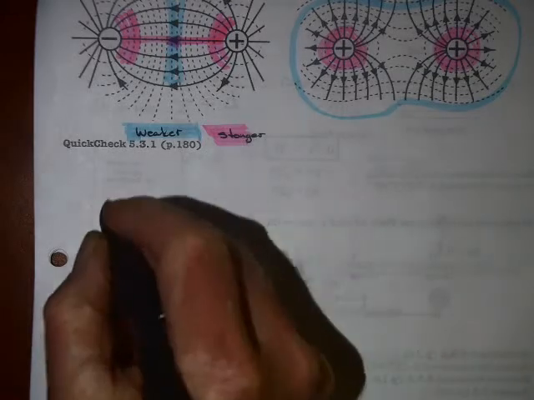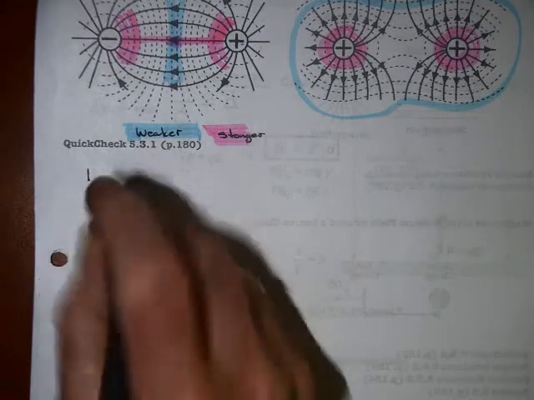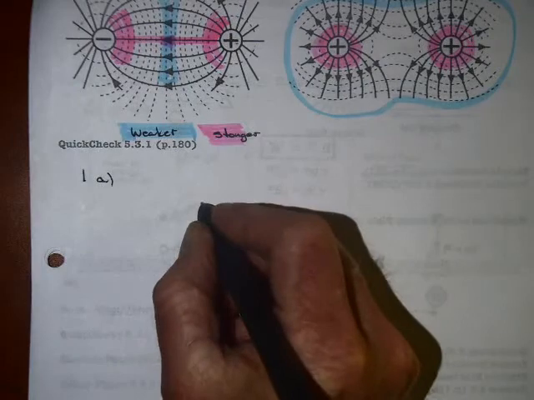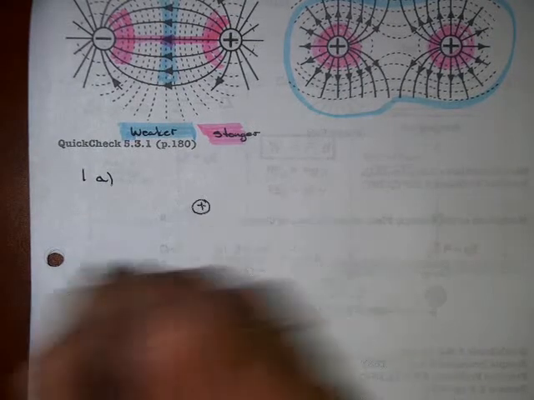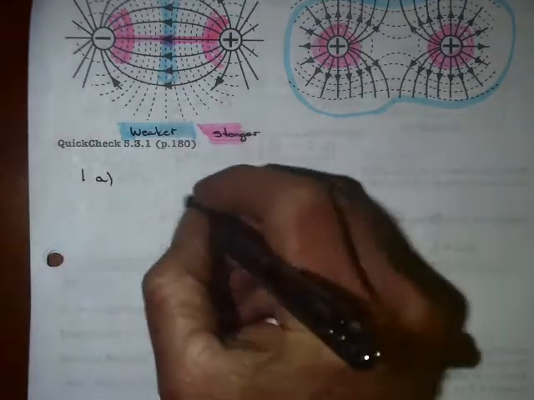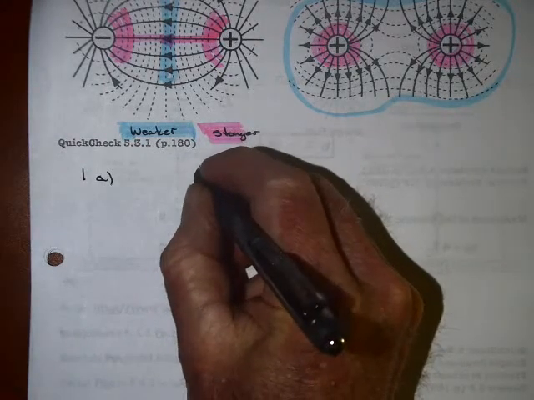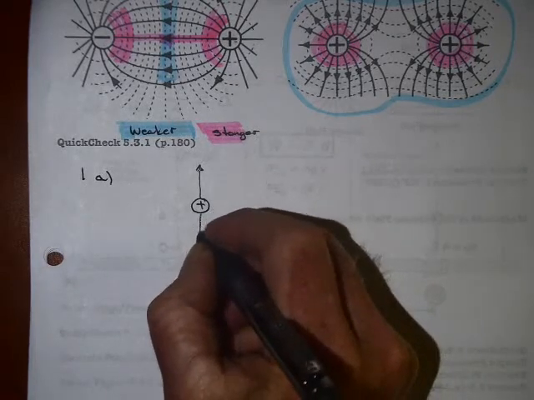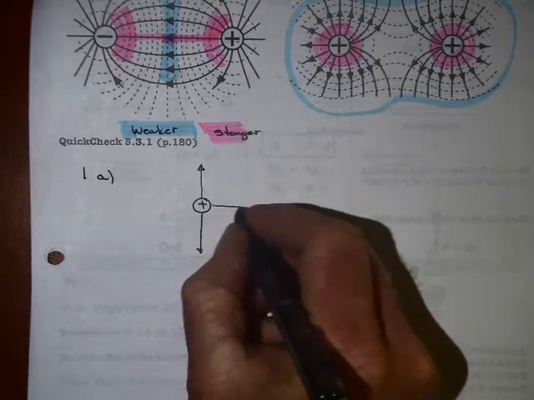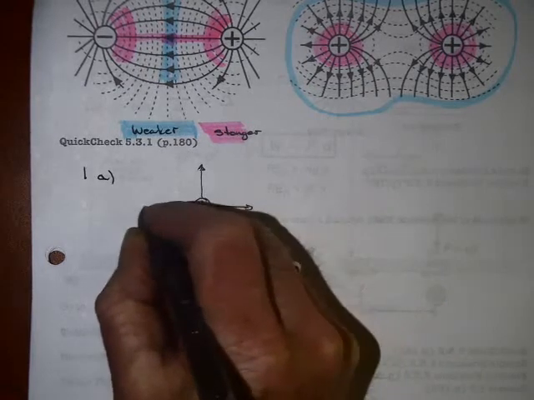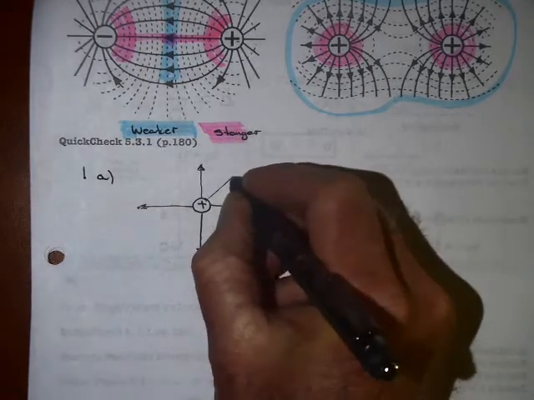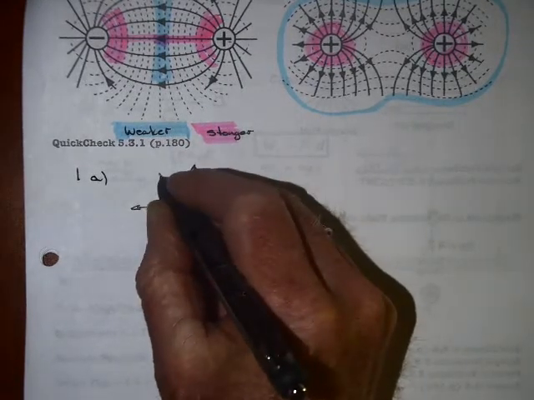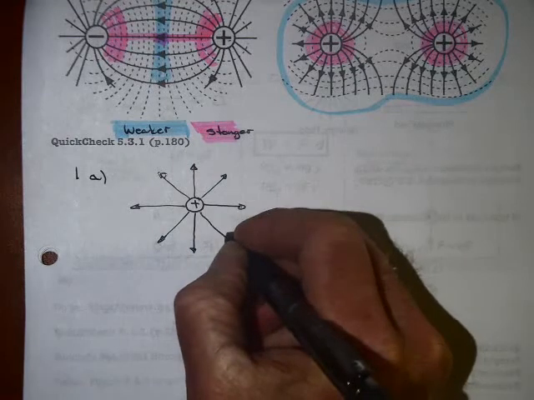Let's see, 1A, we have a positive charge in the middle, and so the field is going to look something like this. Nice sketch, eh?